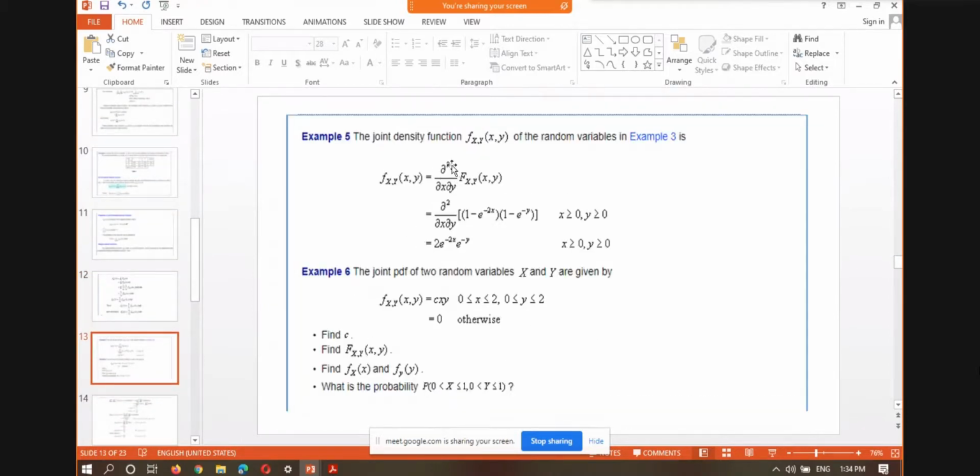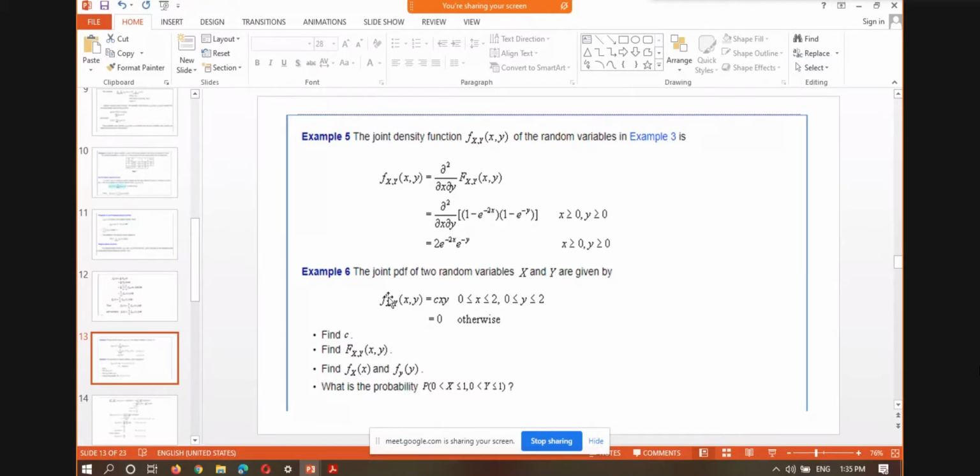So we have to differentiate this capital F of x comma y to get the joint density function, and the value is this one for all x greater than or equal to 0 and y greater than or equal to 0. Since it is partial differentiation, the differentiation with respect to x gives only 2 e raised to power minus 2x, and similarly for y you get minus e raised to power minus y, and then minus minus will be plus, and you will get this one. So this is the joint density function you have obtained from the joint distribution function.